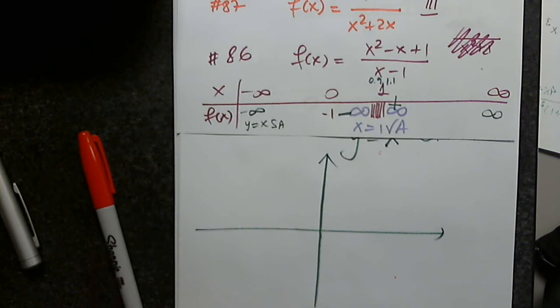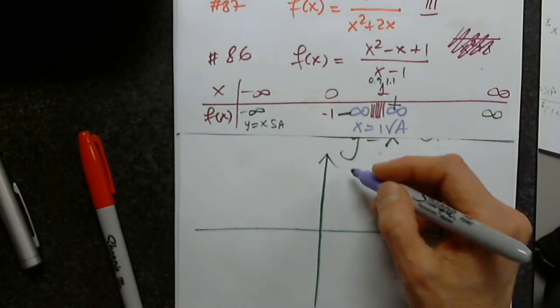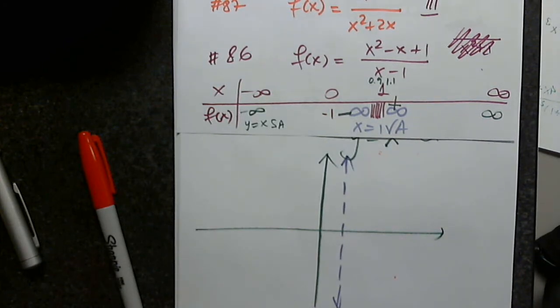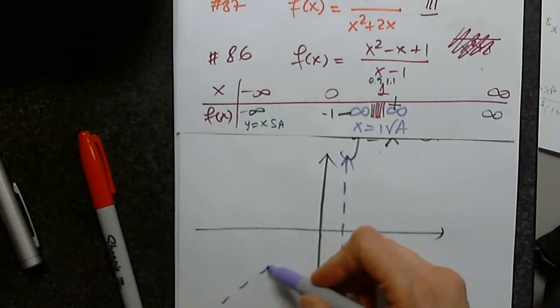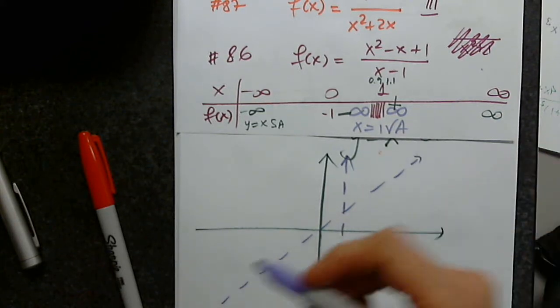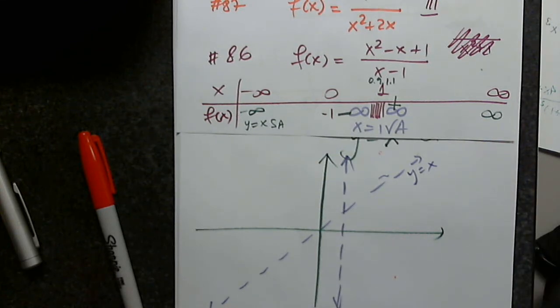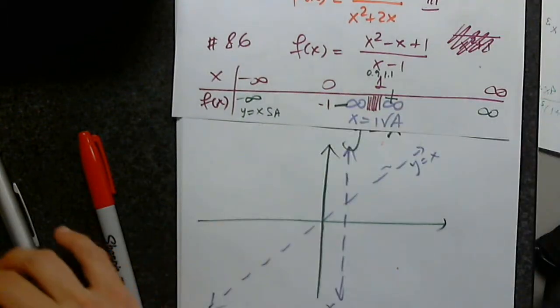Indeed, x equals 1. And the other asymptote is? I know how to graph this. When x is 1, y is 1. When x is 0, y is 0. When x is 2, y is 2. Good. I'm looking at my chart now.